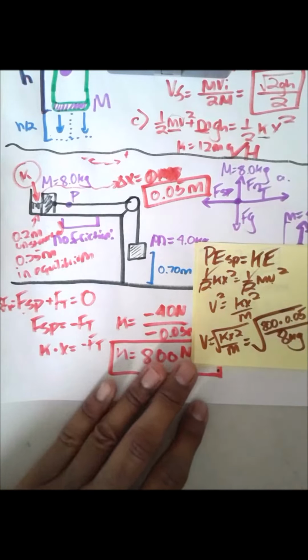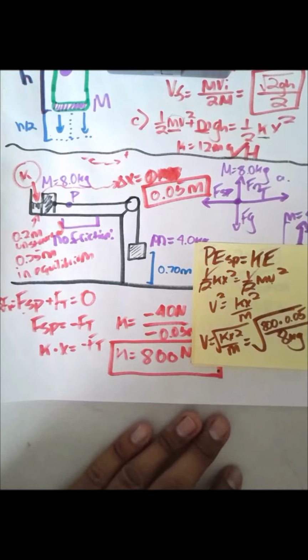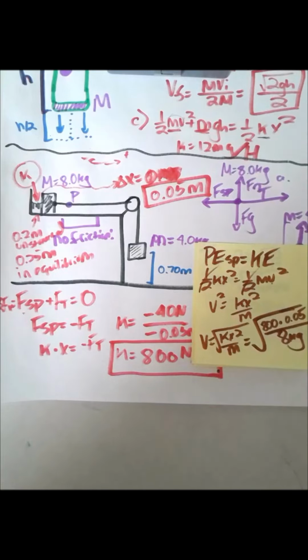Wait, that doesn't look right. Let me double check that that's right. Why doesn't it look right? The mass is 8 kilograms. Is it oscillating at 0.05? Yeah, okay.